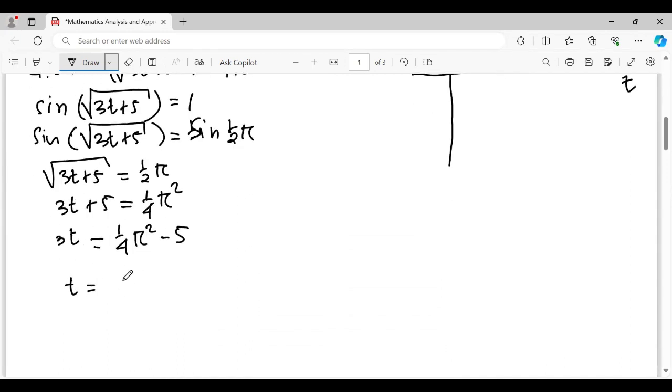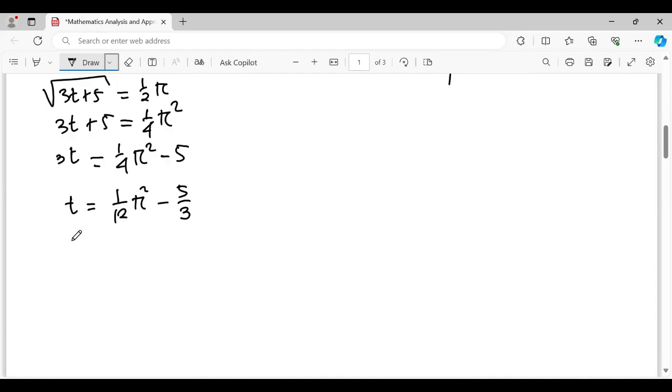So t equals 1/12 pi squared minus 5/3, or t equals minus 0.845.